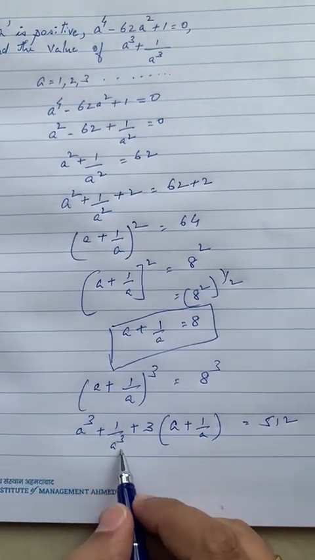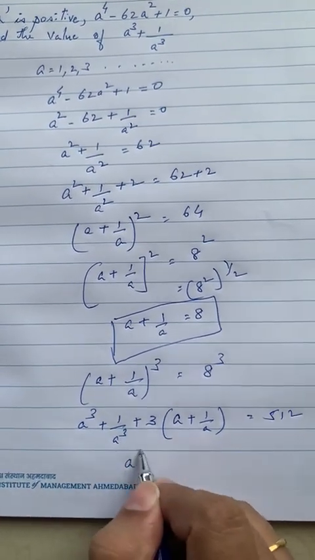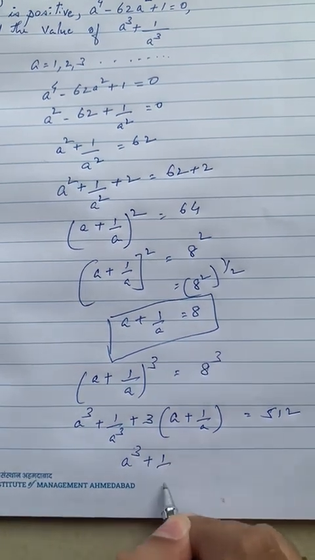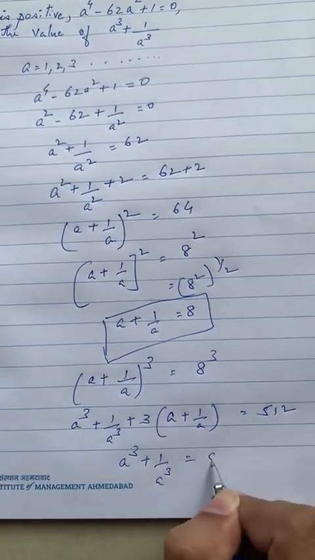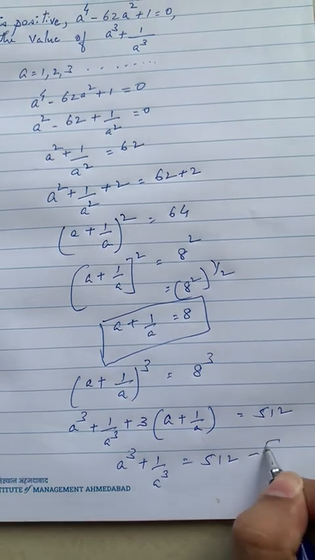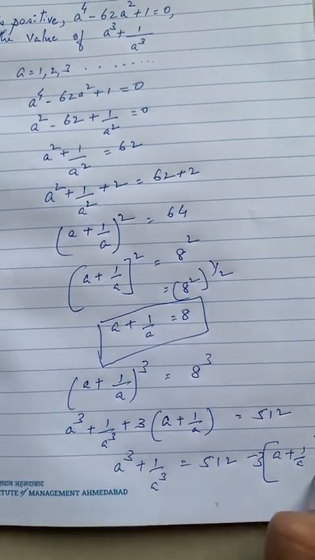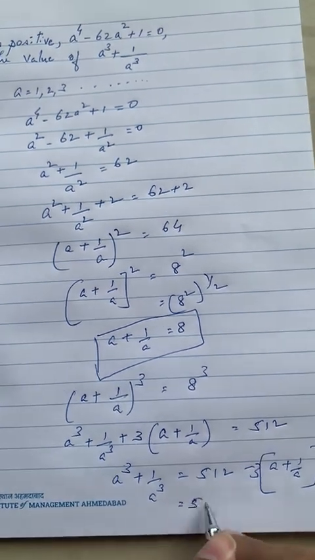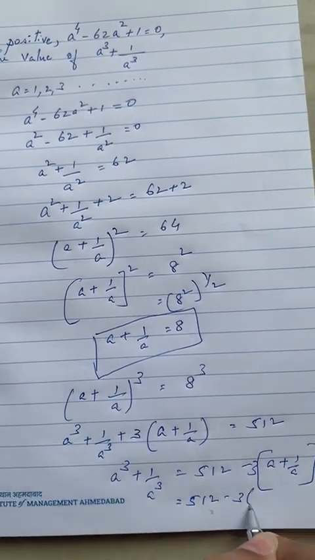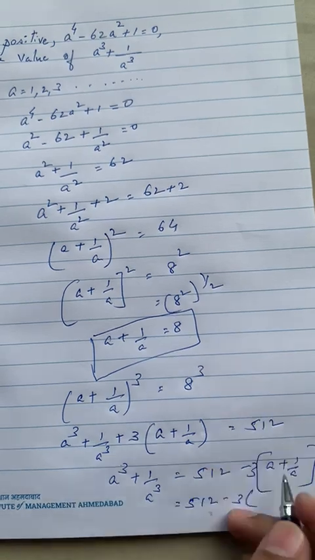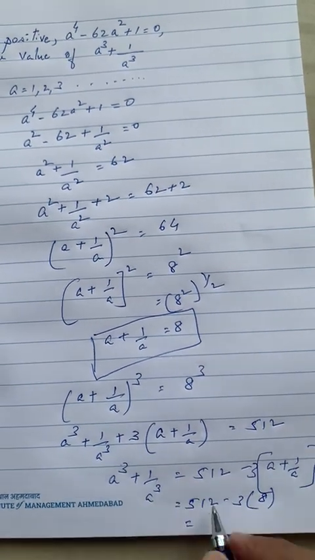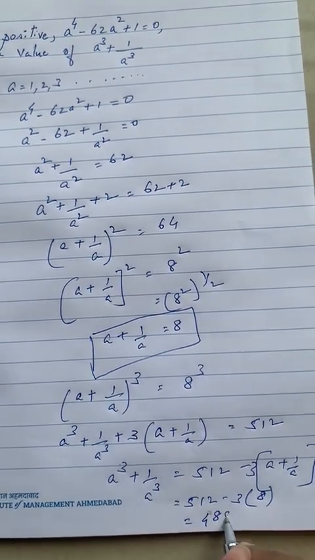a cube plus 1 by a cube is what is being asked. So you retain this side and take the other term to the other side, which is 3 into a plus 1 by a. It becomes 512 minus 3 into 8. The answer is 488.